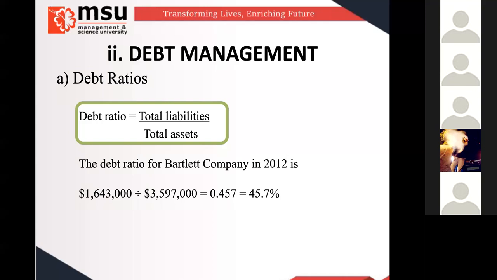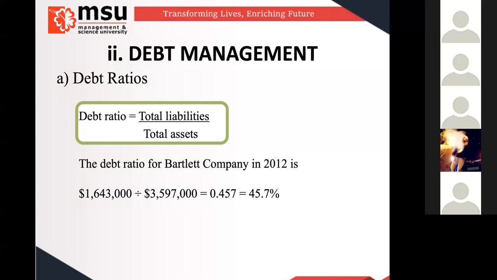But for me, as what I have learned, I believe that 30% debt, 70% equity is healthy. If it is 50-50, there is a signal for the company to lower down its debt.